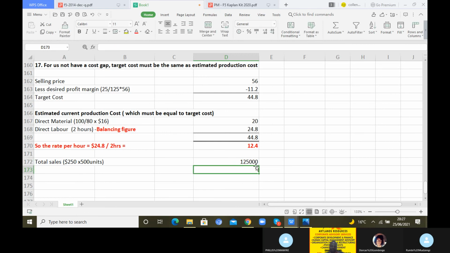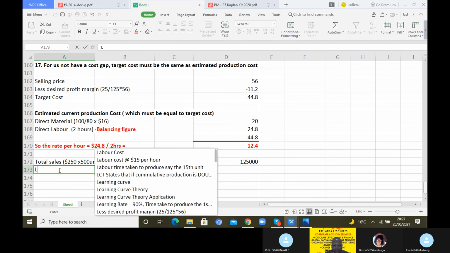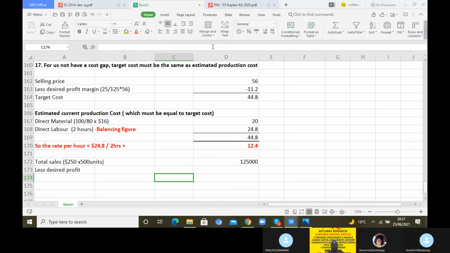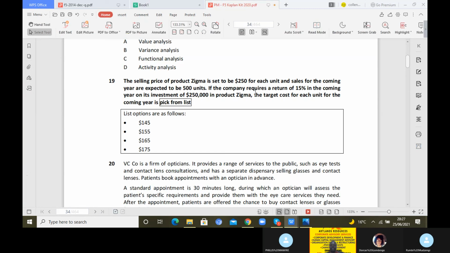So 250 times 500 is 125,000, and then you say less desired profit. Notice desired profit is not given per unit as before. They simply say profit is 15% on an investment of 250,000.